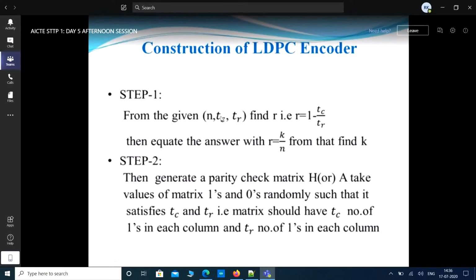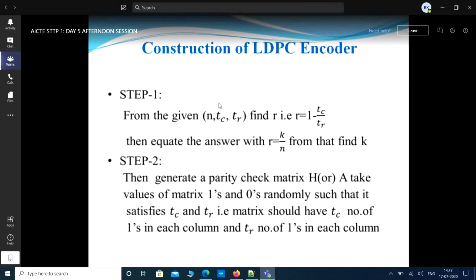Maybe TC and TR and N are given, but not the matrix H. In that case, just randomly put ones and zeros in the rows and columns, but it should satisfy TC and TR.